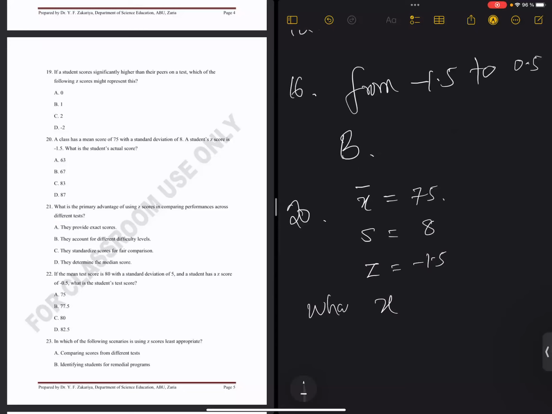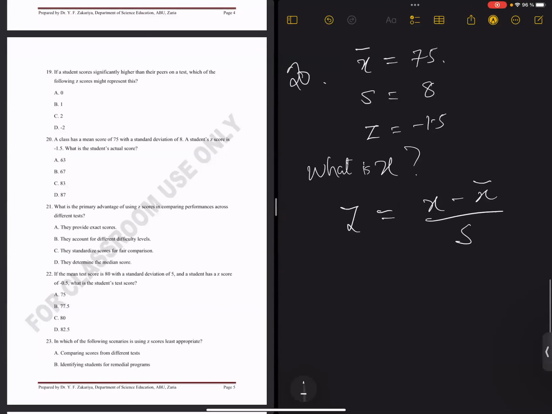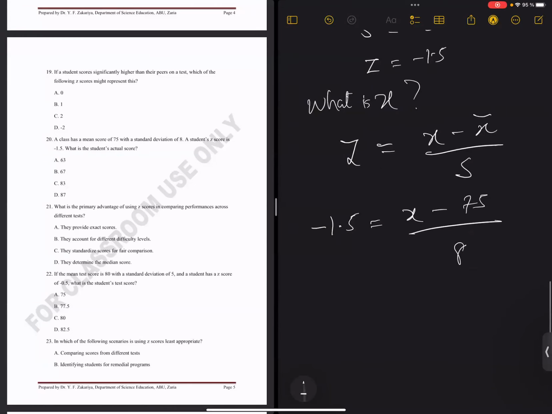We want to use our formula for z-score, which is Z equals X minus X bar divided by standard deviation. So we will substitute what we have. Z is -1.5, we were given. We don't know X, but we know X bar to be 75, divided by 8, which is the standard deviation.